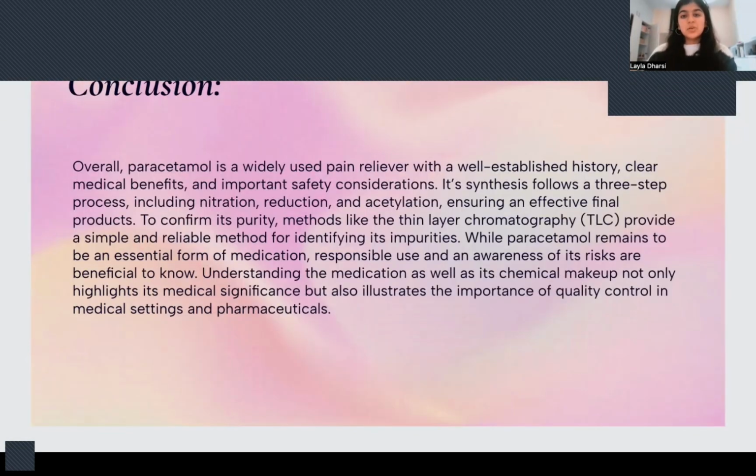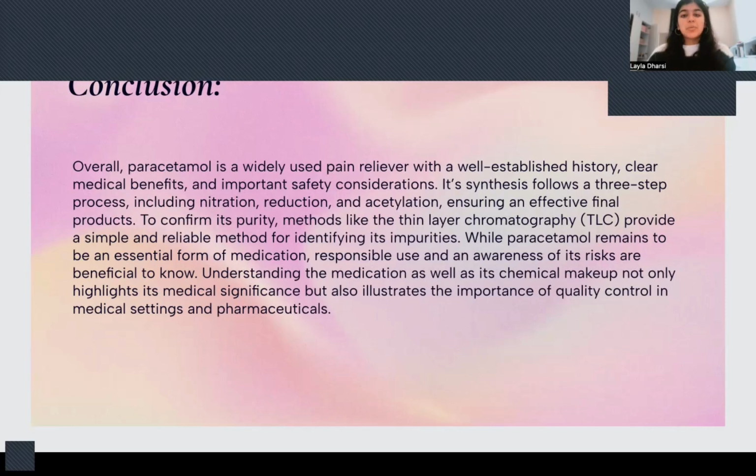Overall, paracetamol is a widely used pain reliever with a well-established history, clear medical benefits, and very important safety considerations. Its synthesis follows a three-step process, with these being nitration, reduction, and acetylation, making sure that it has an effective final product. To confirm its purity, methods like thin layer chromatography provide a simple and reliable method for identifying its impurities.